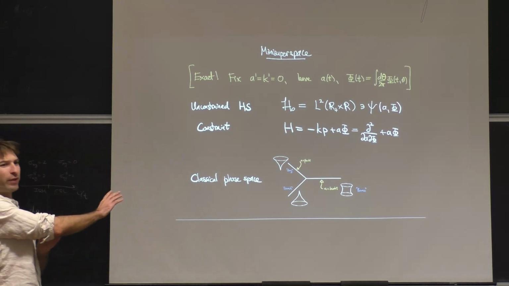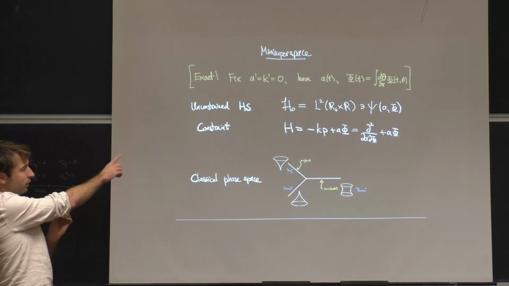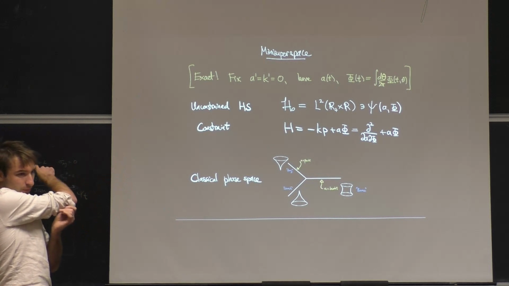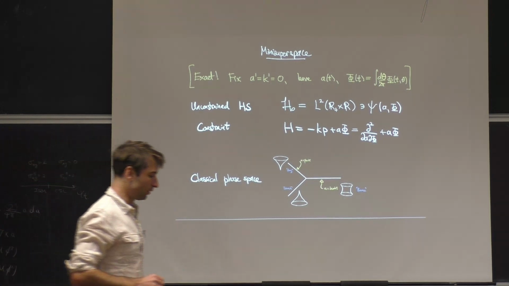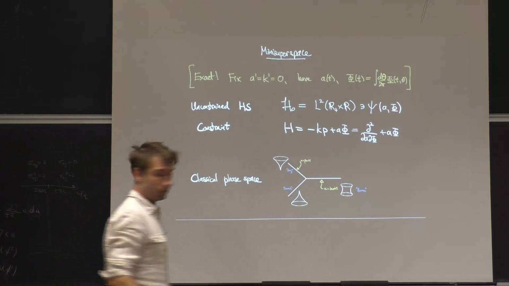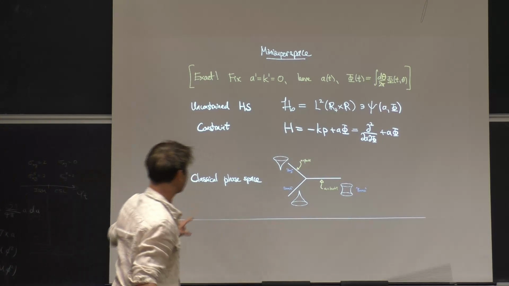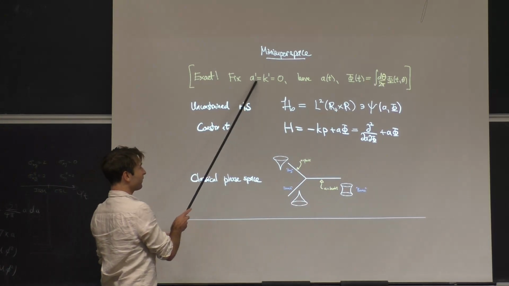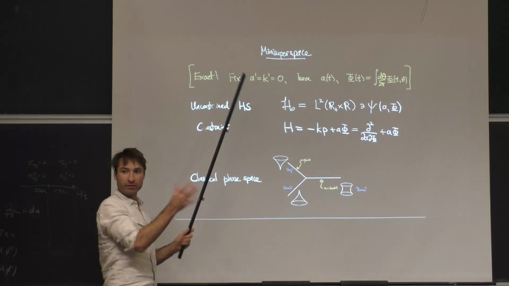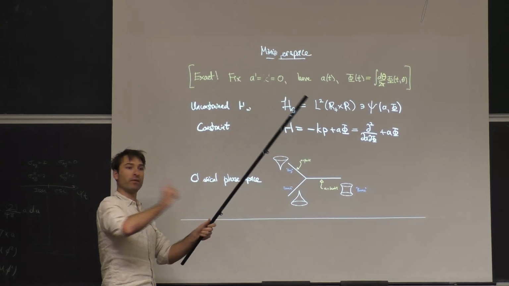Some people have said that this minisuperspace is exact, but I think that this particular interpretation wasn't justified. So this gauge fixing fixes the non-zero modes, so the Hamiltonian constraint and the momentum constraint that depend on the circle.